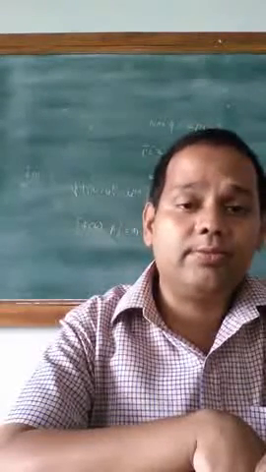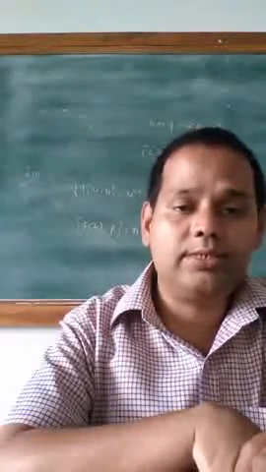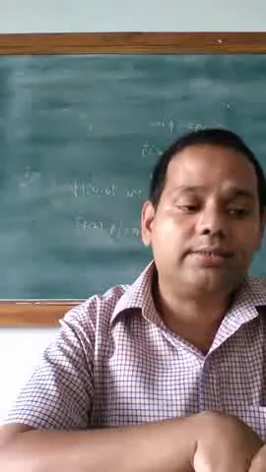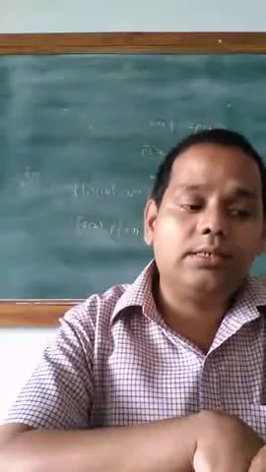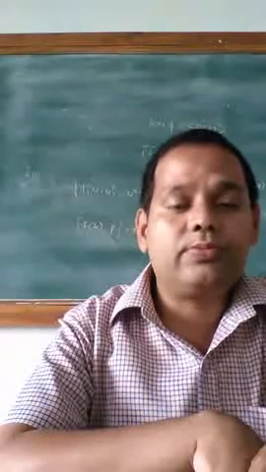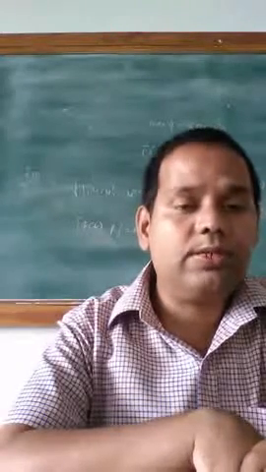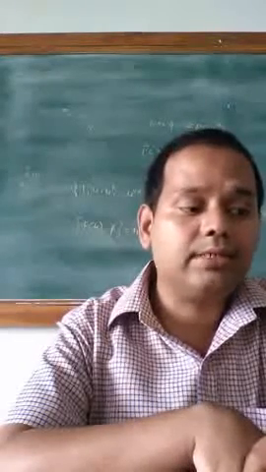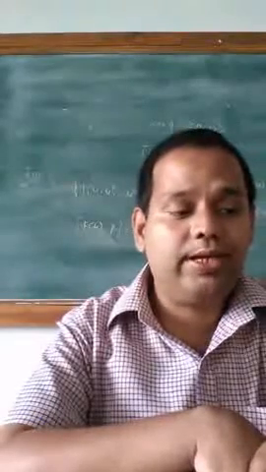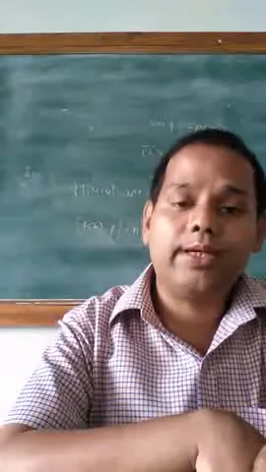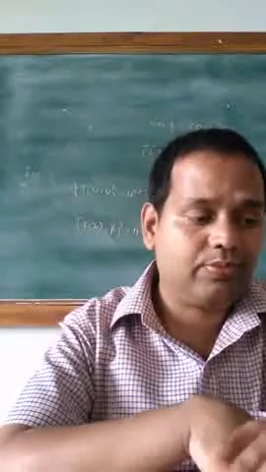One more example: the complex number i, equal to root of minus 1, is algebraic over Q since there exists a non-constant polynomial x square plus 1 in Q of x such that i is a root of x square plus 1.